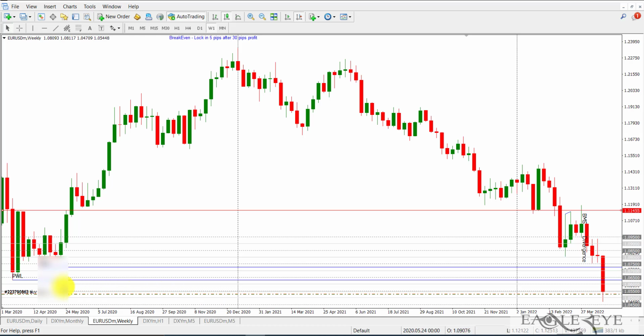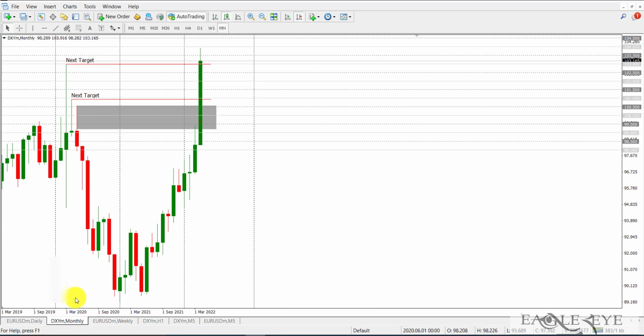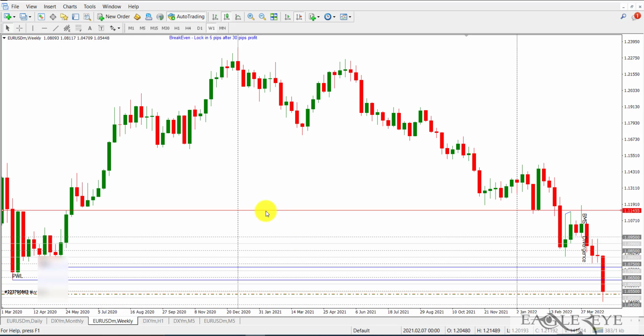Sorry, on the dollar index, this particular high was taken out on, I think, Wednesday, which was the 27th thereabouts. These were my expectations, but price went a little bit further.